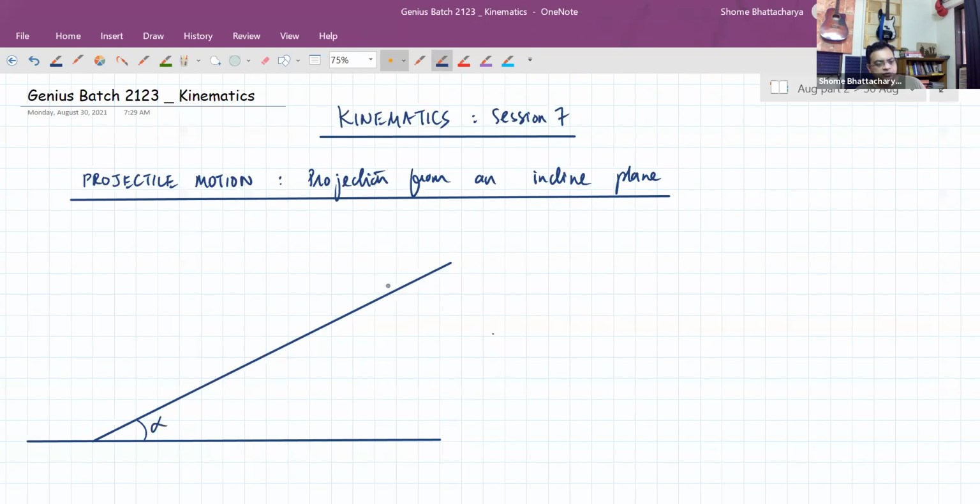And what we are doing is projecting something from here, with a projection velocity like this, where the angle of the projection velocity is known to us with respect to the inclined plane, and that too with the direction going down the inclined plane. So you can literally see that the angle with respect to the horizontal is going to be beta minus alpha and not beta. Okay, so u is the speed of projection.